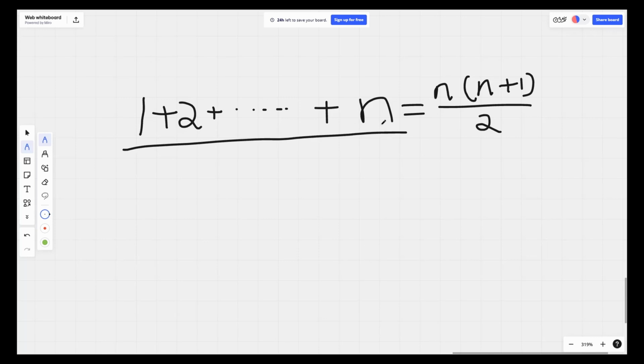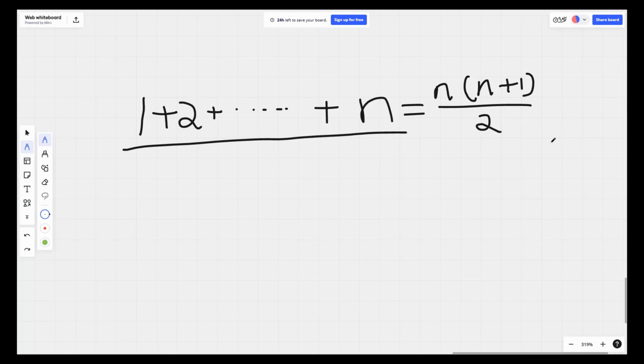You would have to add a million numbers together if you didn't know this trick. But all of those millions or billions of additions can be done in just this. So that is a very useful thing to know: 1 plus 2 plus all the way to n is n times (n plus 1) over 2.